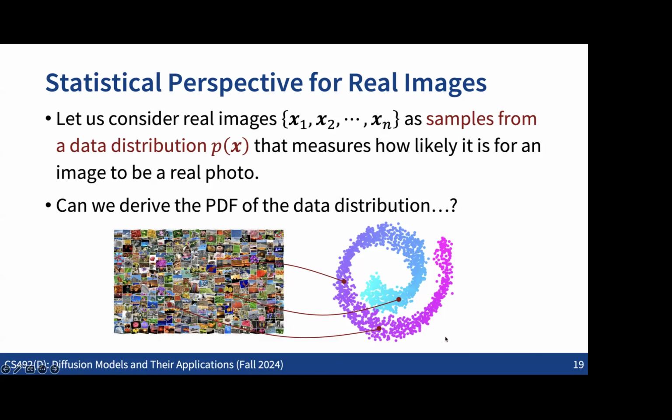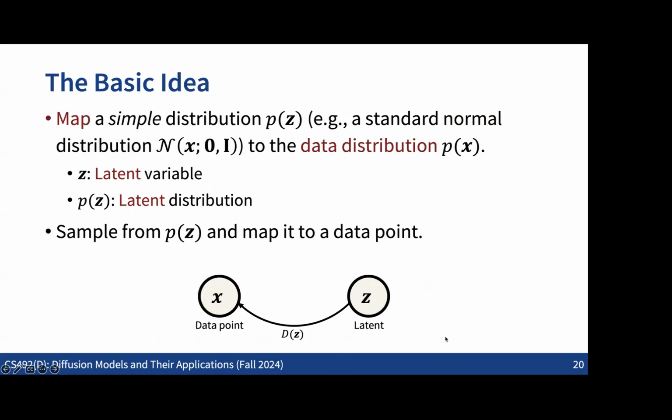For all the generative models, whether GAN, VAE, or diffusion models, since we do not know the exact form of the probability density function for the data distribution, we start from a simple distribution where we can easily sample the data.